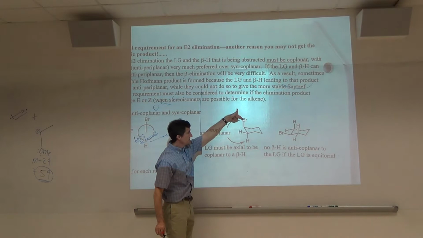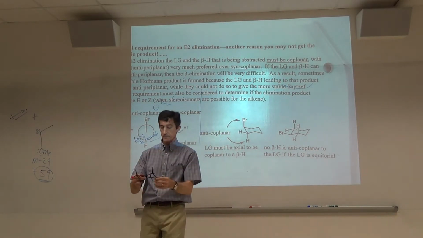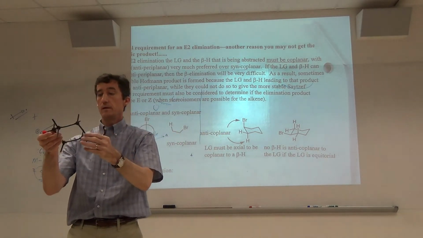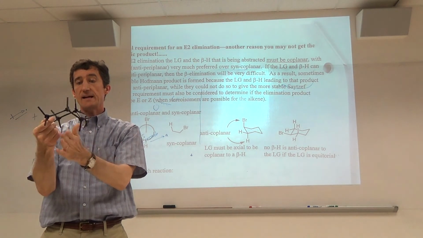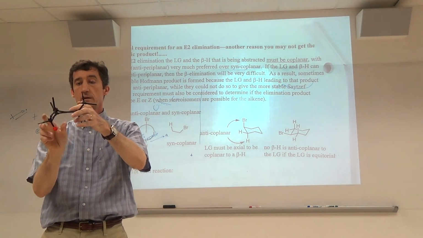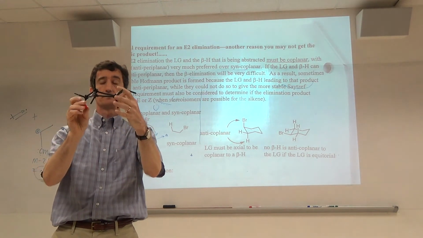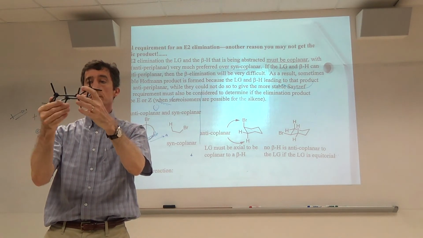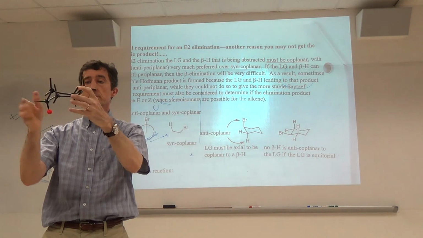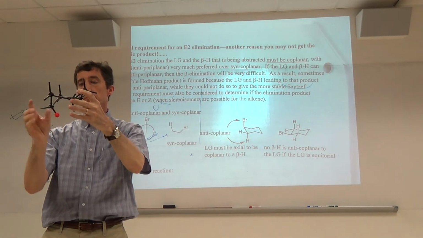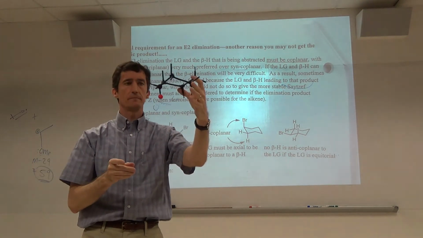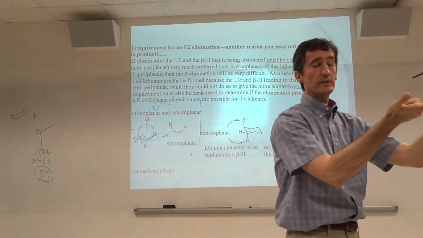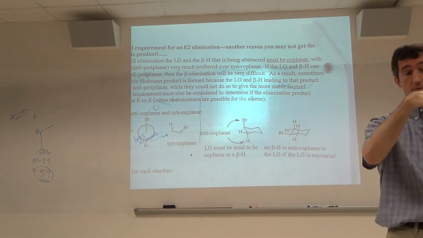Let's pretend like this is a leaving group. Let's make it axial, so I'm going to do a ring flip. That's kind of perfect right there. Okay. The leaving group is axial, straight down.